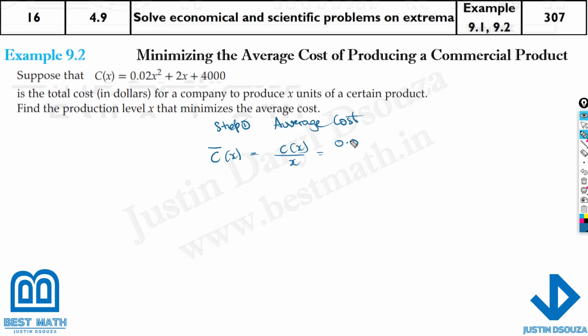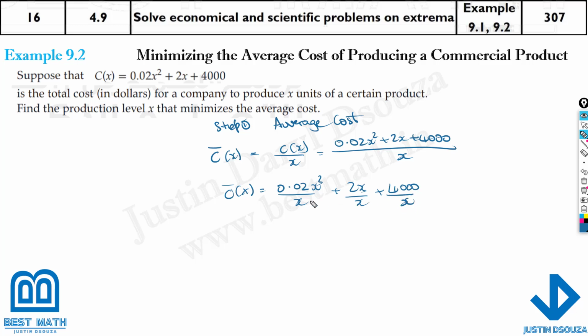Now that is 0.02x squared plus 2x plus 4000, divided by X. How much will be the average cost of this function? We'll get 0.02x. I'll split it out and do it stepwise, plus 4000 divided by x.